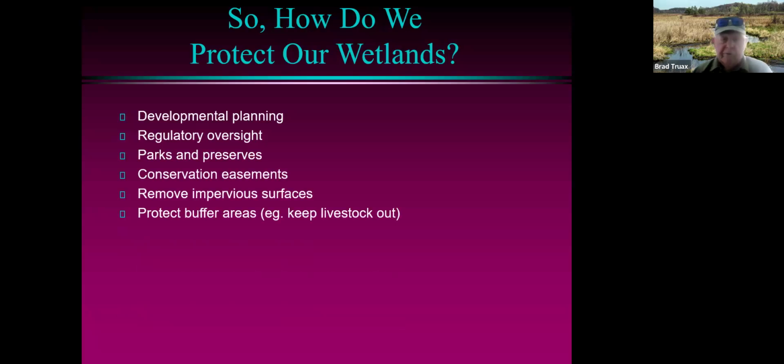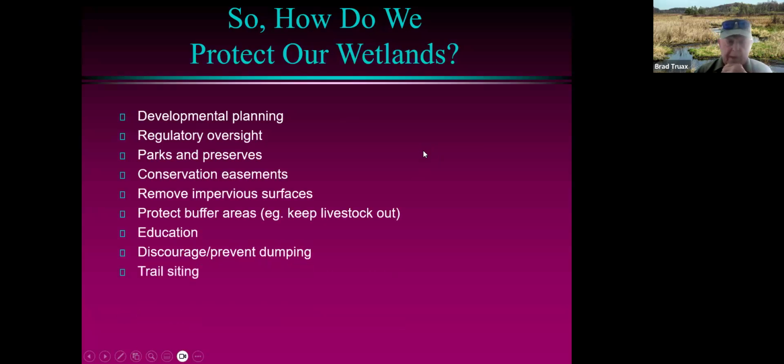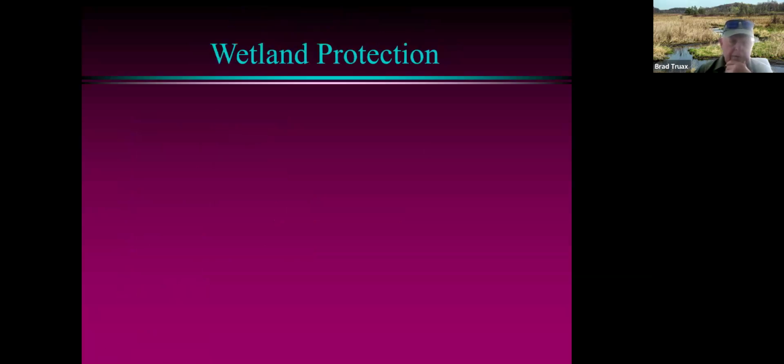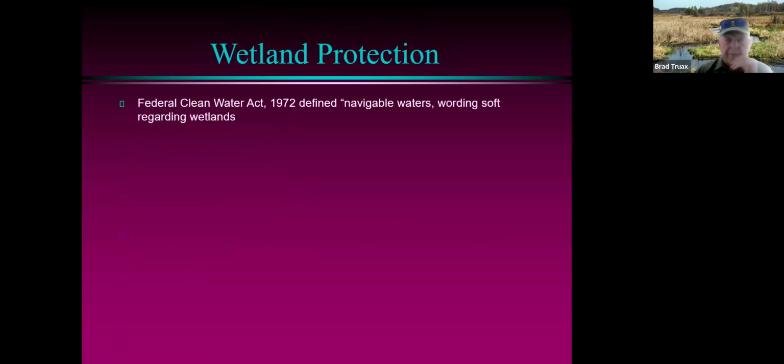For instance, keeping livestock away from the wetlands because the livestock end up polluting the wetlands. And of course, education. We need to discourage or prevent dumping near wetlands. We need to be careful where we site our trails. We should keep our trails as best we can away from the wetland to prevent things from going into the water. And then, of course, restoration of wetlands.